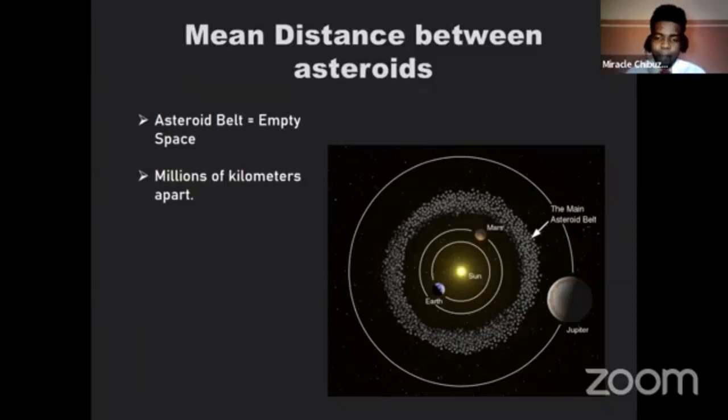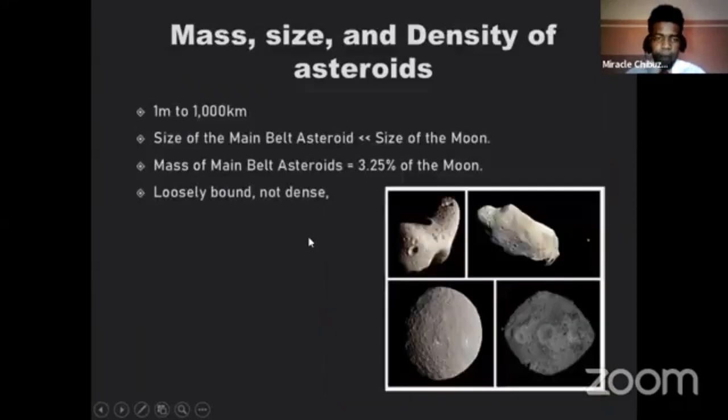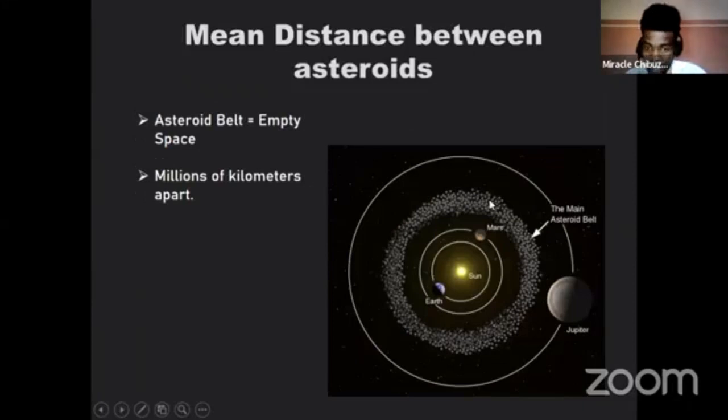Then we have the mass, size, and density of asteroids. I hope you can see this. This is blocking my screen. Let me bring it down here. If you look at this picture of asteroids, they look quite many.